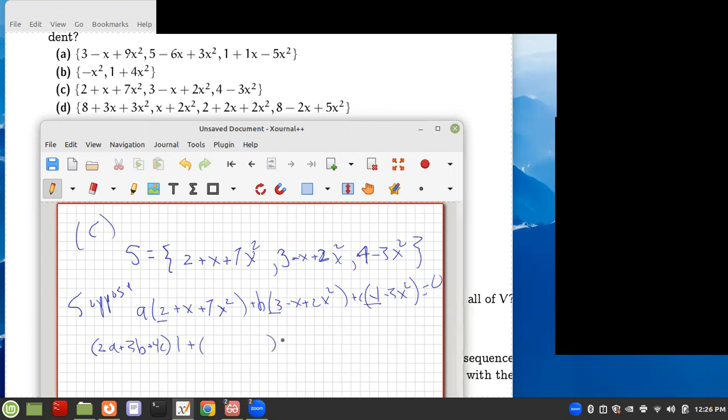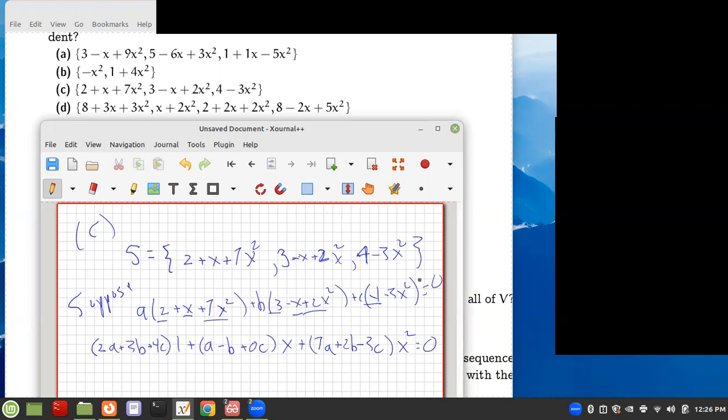Then we have the coefficients of x, which are going to be a from this term, minus b from that term, and 0 from this term. You could say plus 0 times c if you wanted to. Then plus the coefficients of x squared, which are going to be 7a from this one, 2b from this one, and minus 3c from this one.